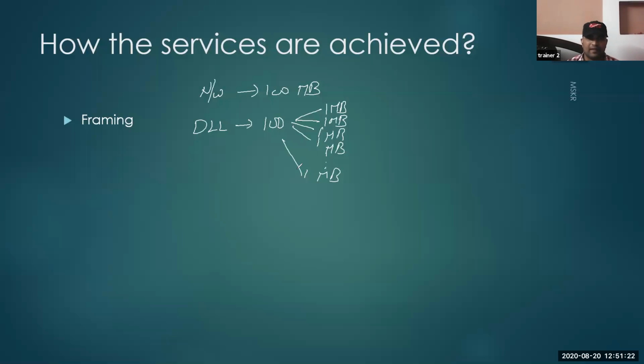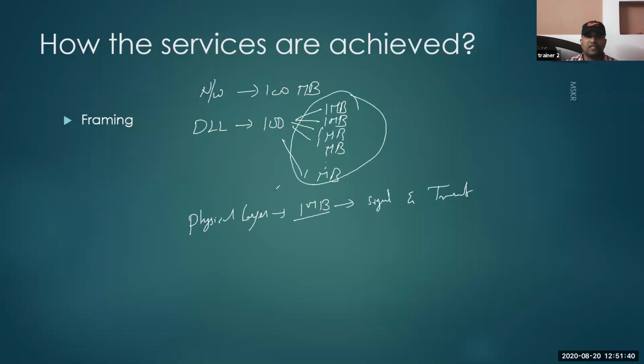Now what is the physical layer going to do? It is going to convert these 1 MBs into signals and transmit them one by one.